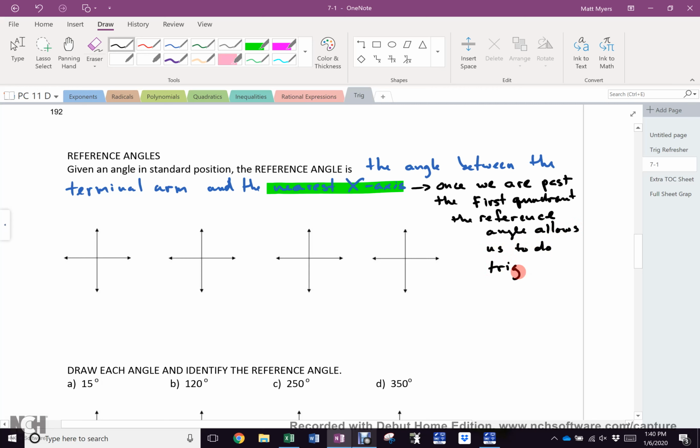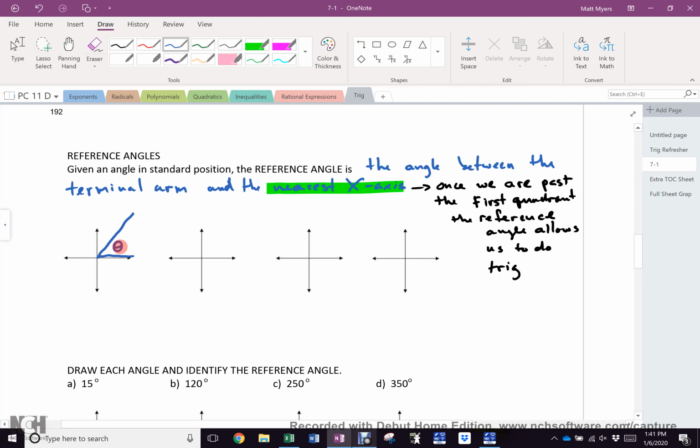Why is it only when we're past the first quadrant? When we're in the first quadrant, we're under 90 degrees and it's okay. Everybody cool? So, everybody draw me a standard position angle in the first quadrant here. Doesn't matter what it looks like. Where is theta? Right there.